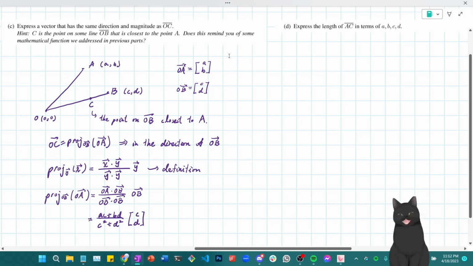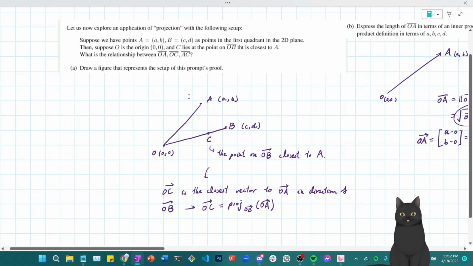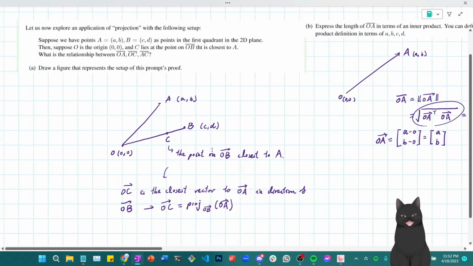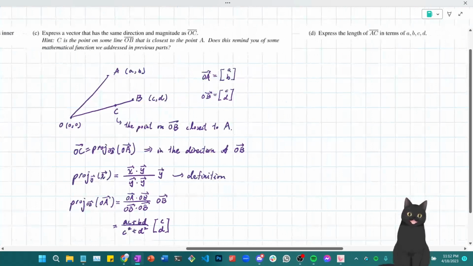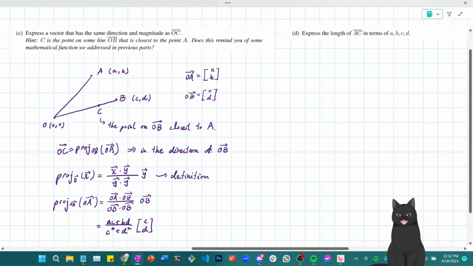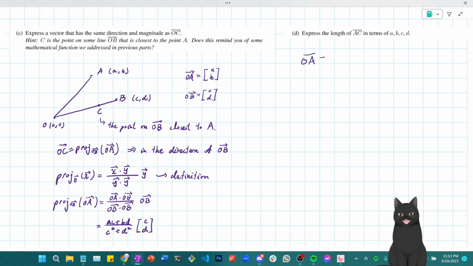Just to mention again, we know that OC is a projection of OA onto OB by the reasoning that we have discussed when we talked about part A. So we should immediately notice that OA is equal to OC plus CA, or OC plus AC, if that's what you want to say. So the length of AC is equal to the vector that goes from point A to point C.